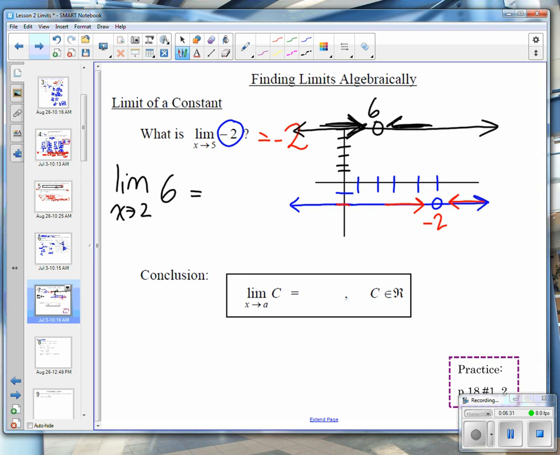If I'm approaching from the right, it's still 6. So therefore, my limit is still just going to be whatever that constant is. So in conclusion, we could do this a million times and we'd still get the same result. The limit as x approaches any number of a constant is always just going to be that constant.